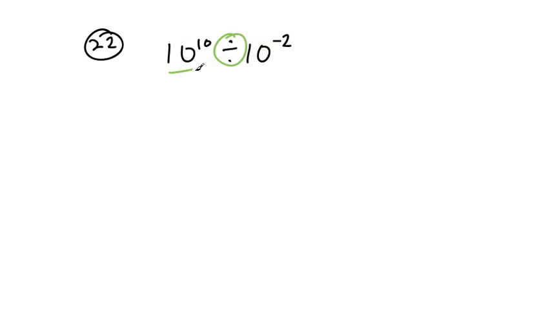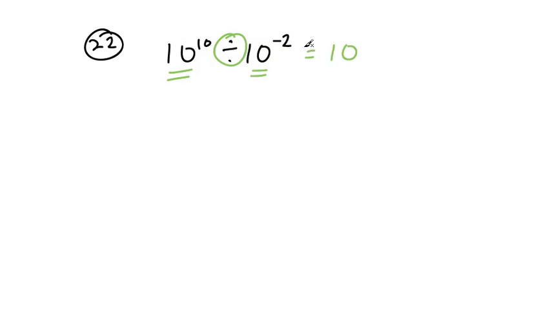Okay, let's take a look at number 22. So 22 is asking us a similar question to one we've had already, but it's 10 to the 10 divided by 10 to the negative 2nd power. So we're dividing, and when we see the division sign and the same bases, we know we can use this division law of exponents.